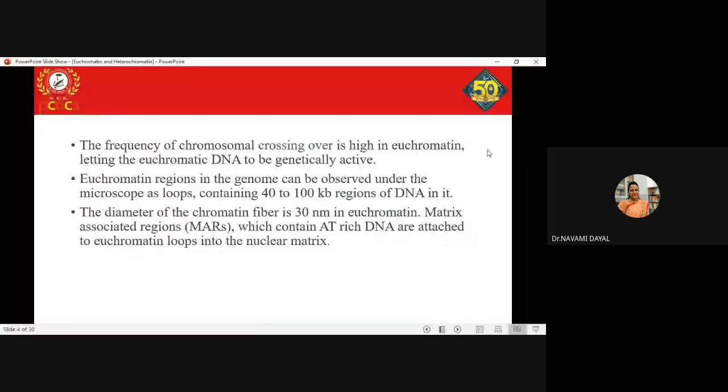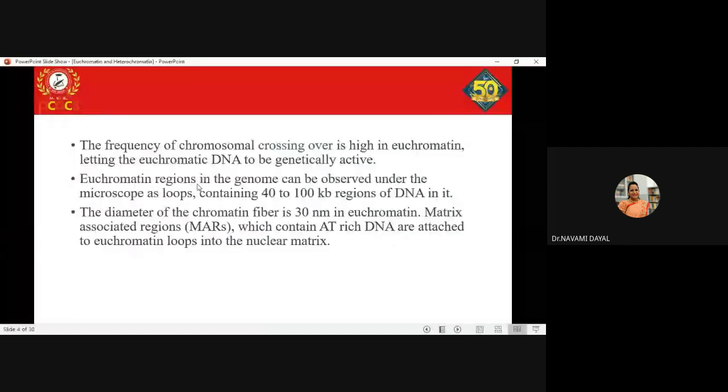Remember, the crossing over events, the exchange of material, are high in euchromatin, letting the euchromatic DNA be genetically quite active. There is exchange of genetic material.